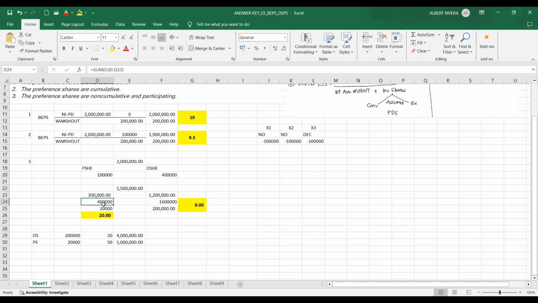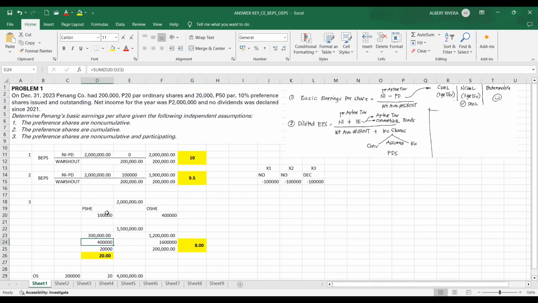This is 400,000, divided by the weighted average number of shares outstanding for preference, which is 20,000 shares. So this is now the basic earnings per share for preference shares.